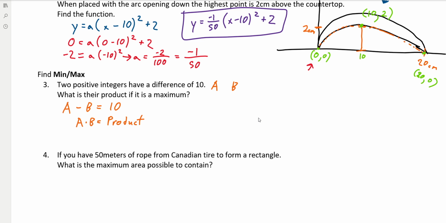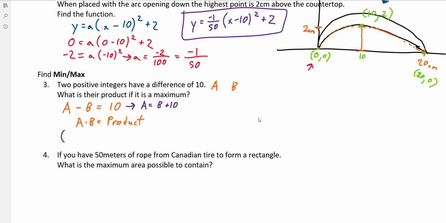And so now what we need to do is write one of the letters as the opposite of the other. So what I mean by that is we're going to take this function and we'll go a equals b plus 10. So now what we can do is replace a with b plus 10.